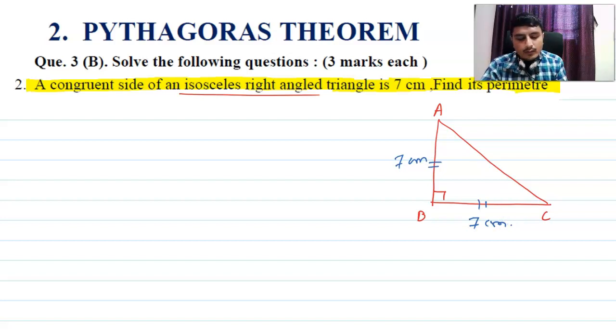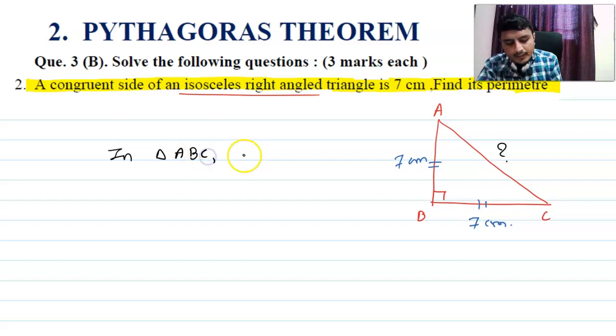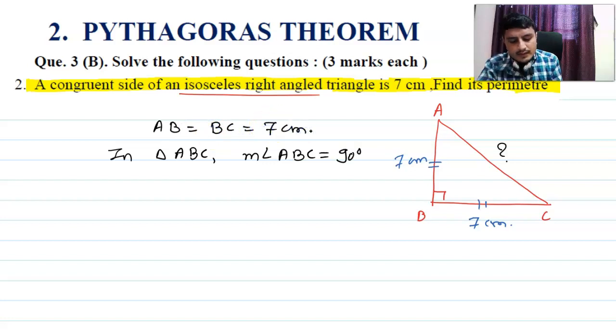That means AB and BC are both 7 each. We have to evaluate the perimeter. So for that, let us first evaluate the hypotenuse of the given right angle triangle, that is AC. So suppose now in triangle ABC we have measure of angle ABC equals 90 degrees, and length of AB equals length of BC equals 7 cm.